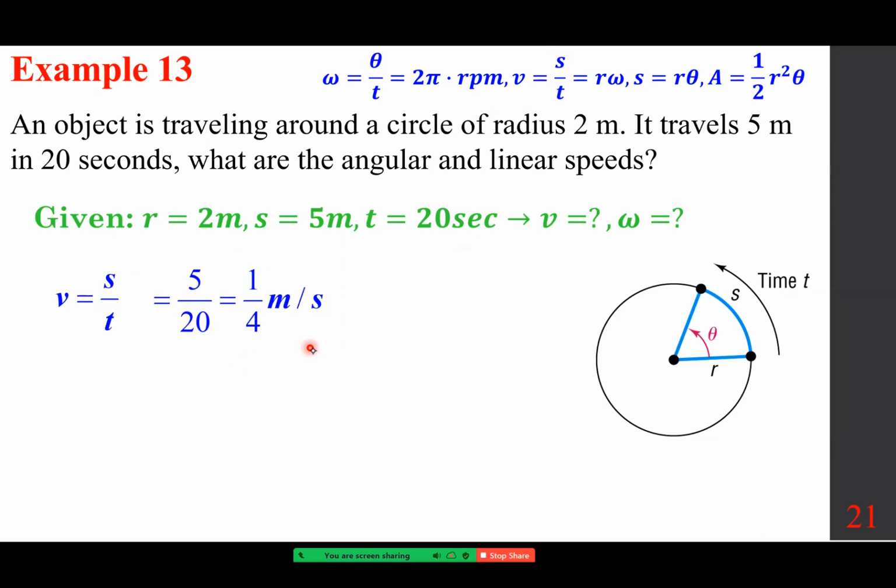But what is the angular velocity? Okay, we know V equals R omega, so omega must be V over R. We have this. Let's divide it by R, which is 2.